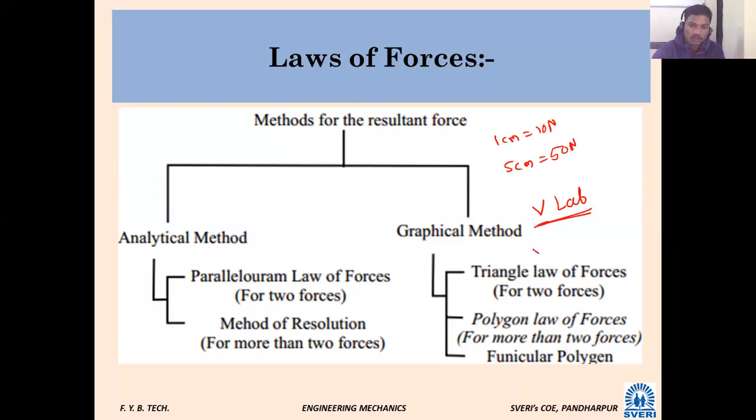What is the meaning of virtual? Have you heard this word virtual? Abhasi. In Marathi it is correct, abhasi, but what does it mean?